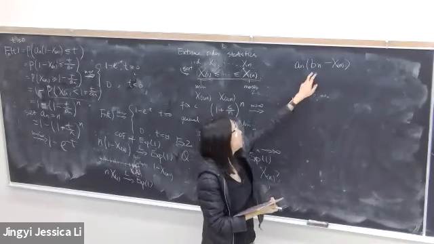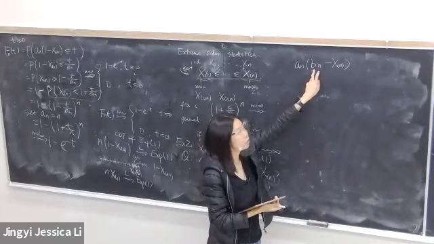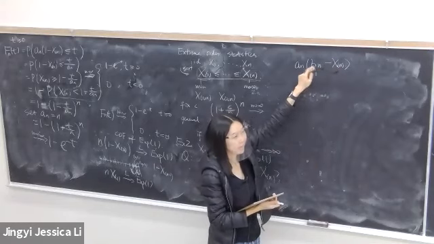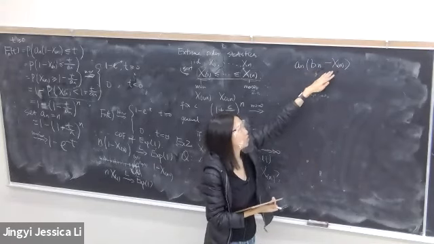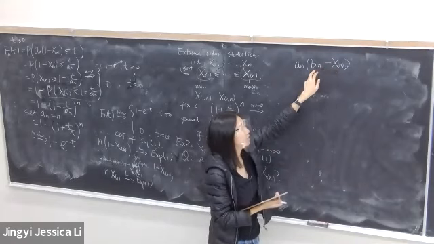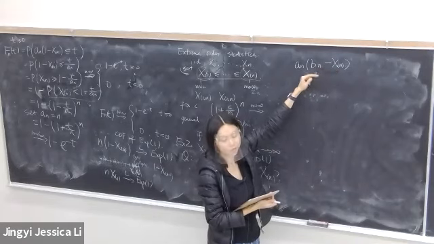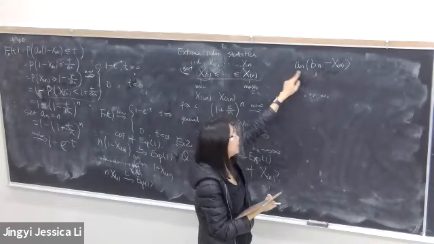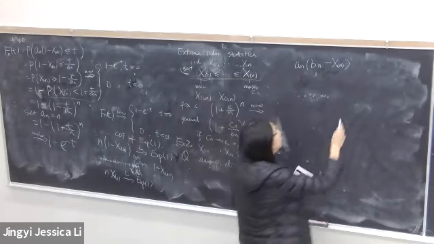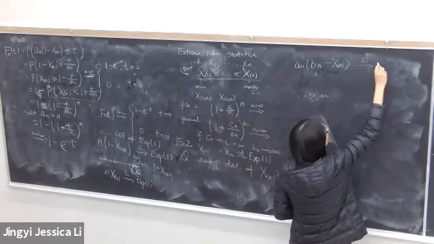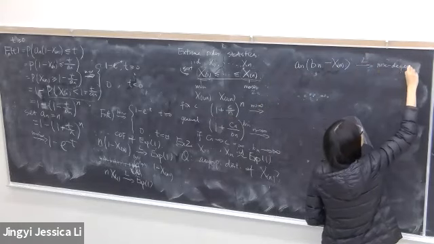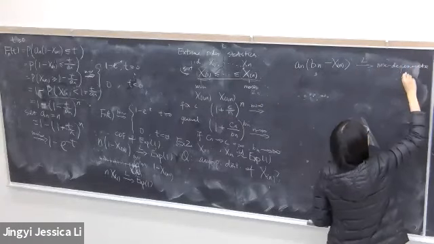Because it's possible that B_n, if divergent, minus this divergent maximum would be enough to counteract the divergence, so that this difference converges to a stable distribution. But we're not sure, so we still put A_n in here. And our idea is still to have this thing converge in law to some non-degenerate distribution.